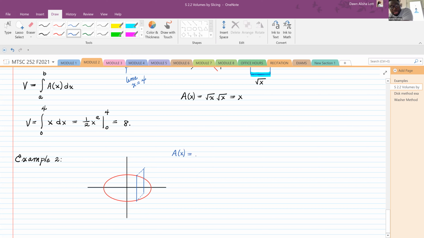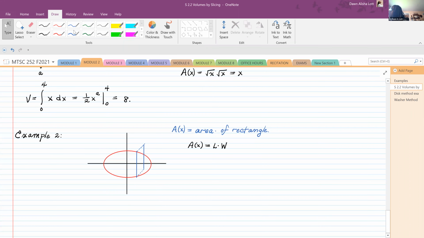Length times width times height. Okay, that's too much. It's just the area of the rectangle. It's only in 2 dimensions. So what is that? Length times height. Good. So A of x is just going to be the length times the width. If I were to take that rectangle and draw it flat so I can get its area, here it is.